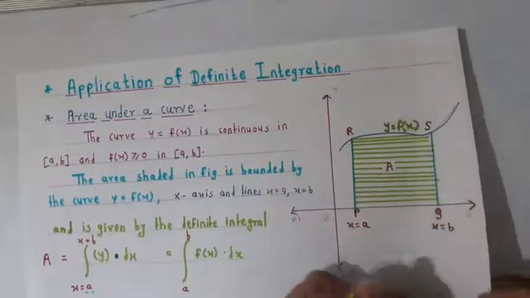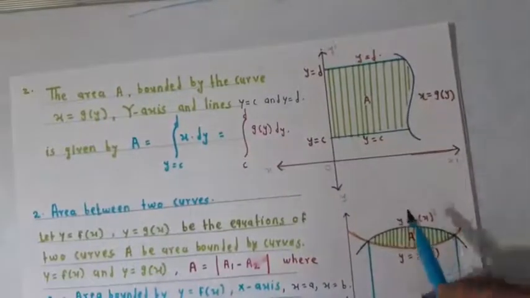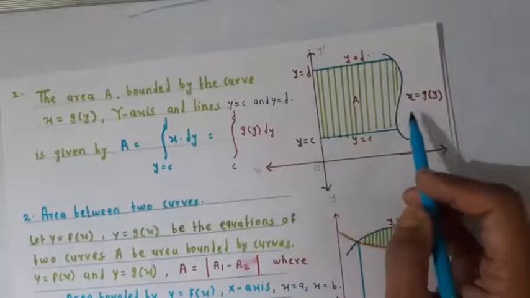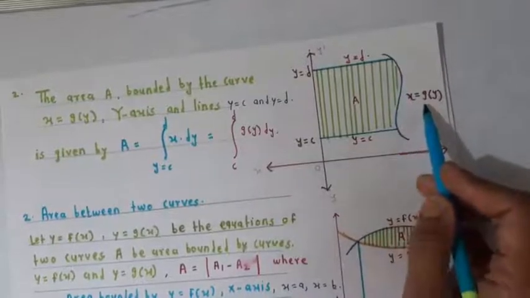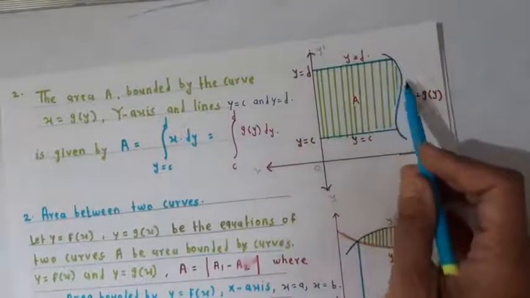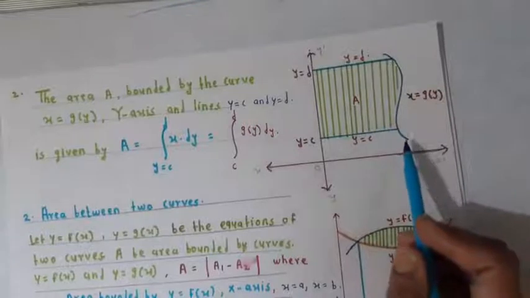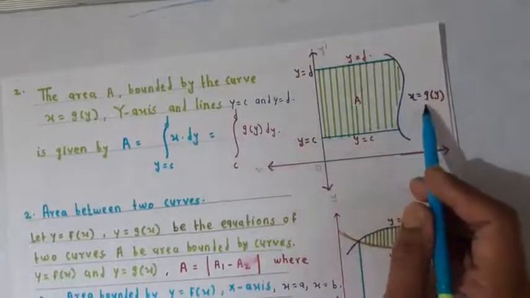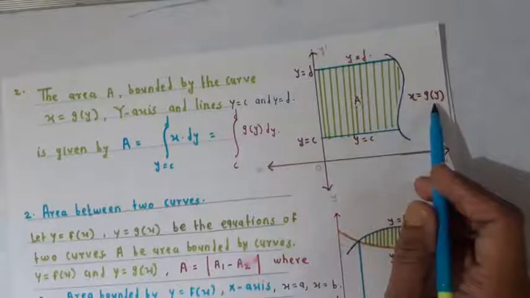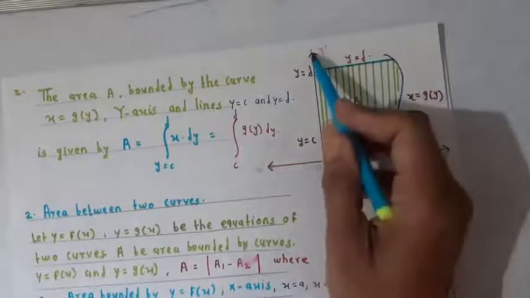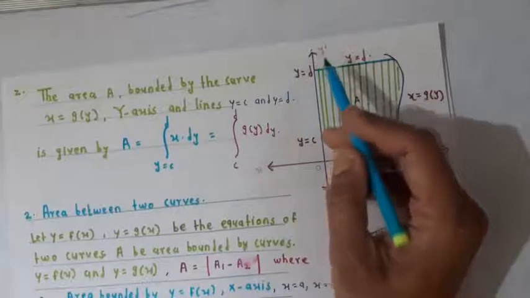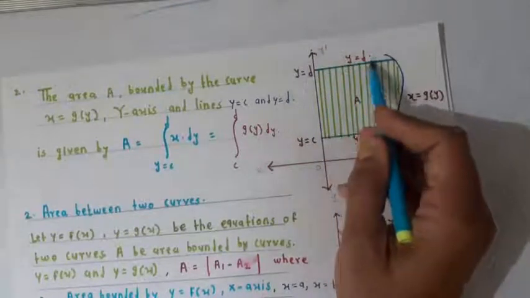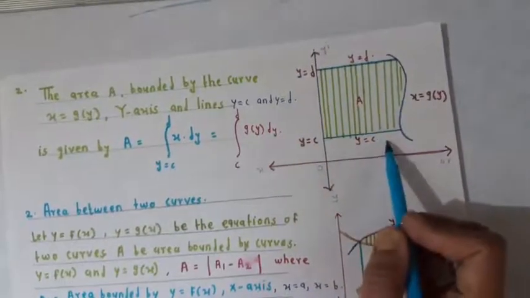Now let us consider another case. Suppose here the curve is x equal to g of y, meaning the curve is along the y-axis. Suppose this is the area bounded by the curve x equal to g of y, the y-axis, and the lines y equal to d and y equal to c.